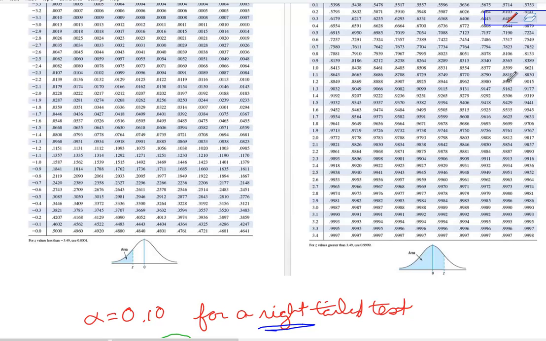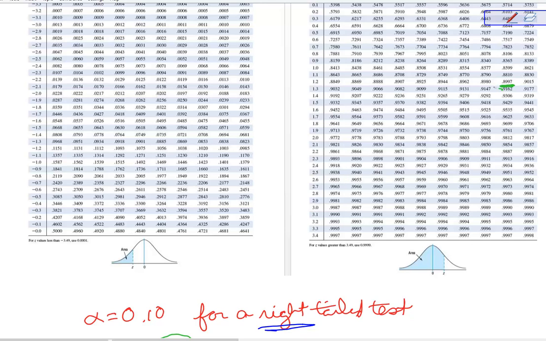and here's where it changes from 0.8 to 0.9, and I'll look and see which one it's closest to. It looks like it's closest to this one, 0.8997.